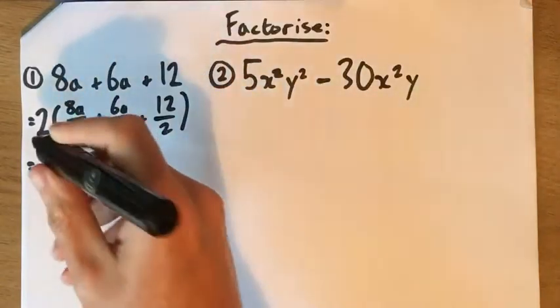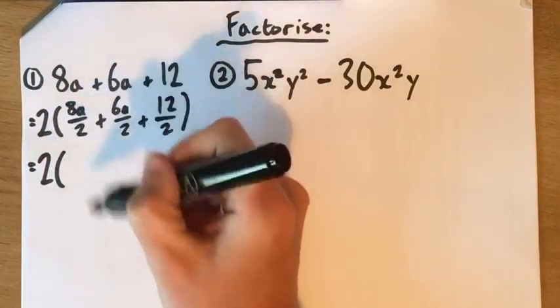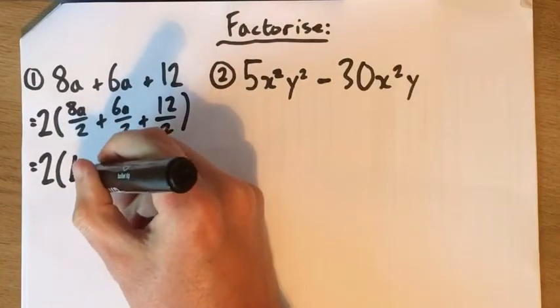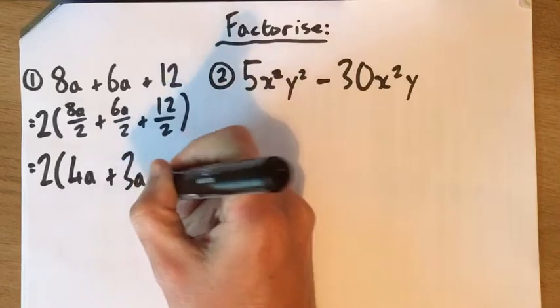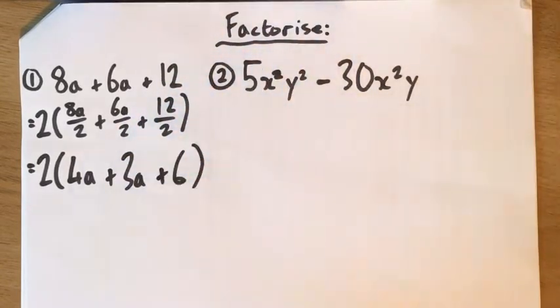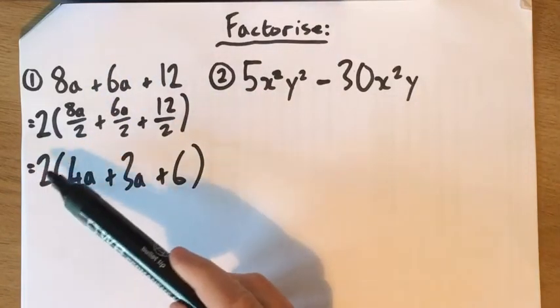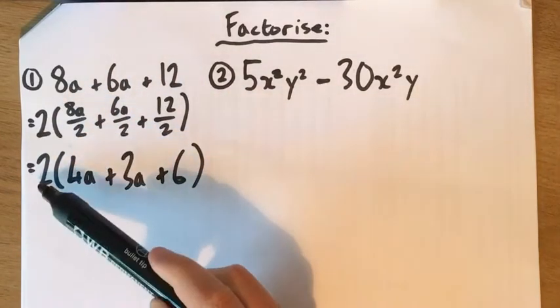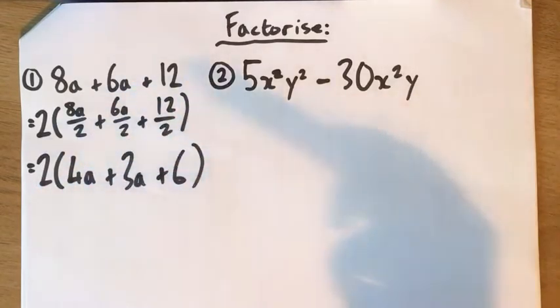So that's equal to, again, it's 2 brackets. 8a divided by 2 is 4a. 6a divided by 2 is 3a. And 12 divided by 2 is 6. Again, if you want, you can multiply it out to check your answer. 2 by 4a is 8a, 2 by 3a is 6a, 2 by 6 is 12.